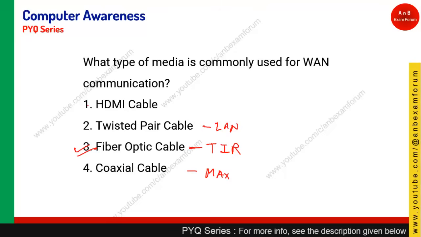HDMI cable is basically a cable for interfacing your monitor to the CPU. It is the high definition multimedia interface cable, which connects your monitor or PC with your CPU or any other device. So option 3 is the right answer.